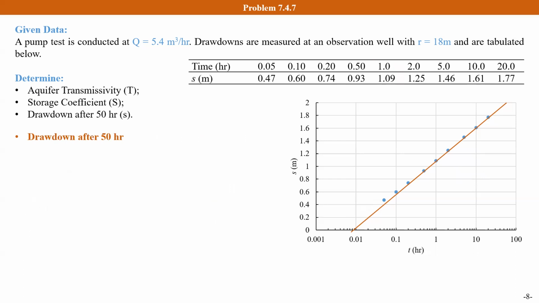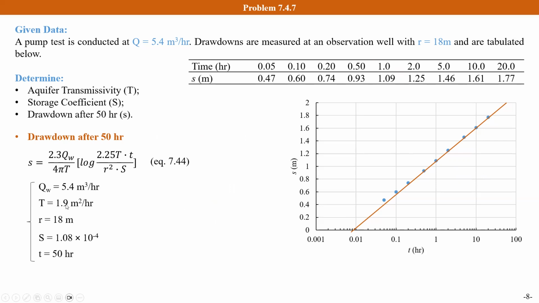Then we can determine the drawdown after 50 hours by applying equation 7.44. In this equation, we know the flow rate is 5.4 cubic meters per hour. Transmissivity, we just calculated, is 1.9 square meters per hour, and the distance is 18 meters.